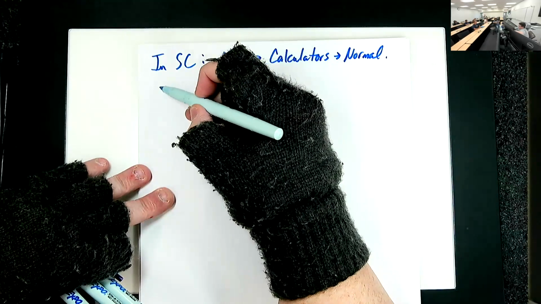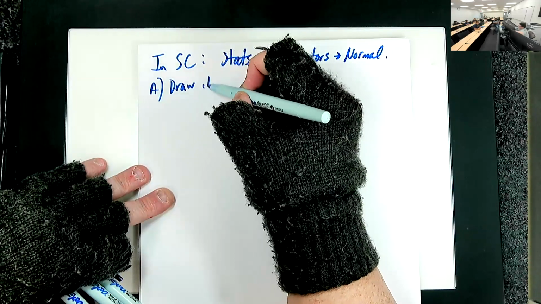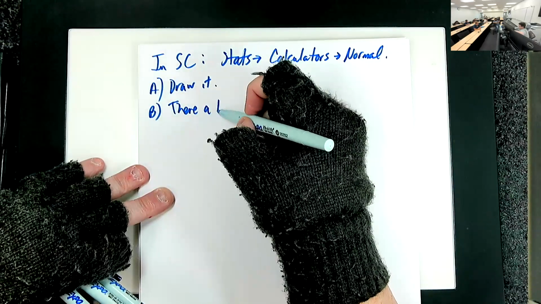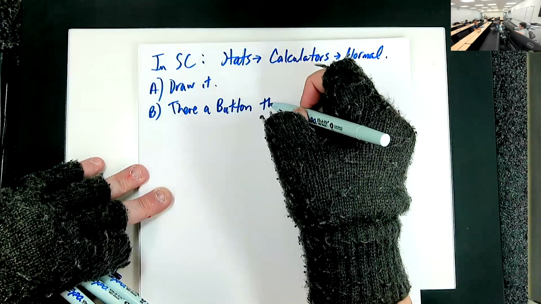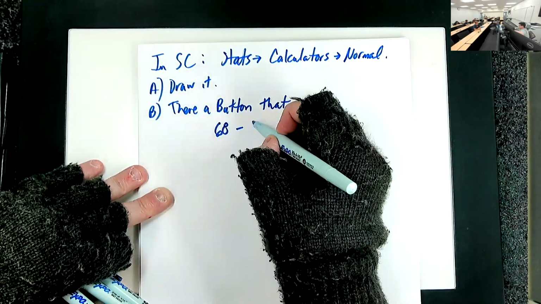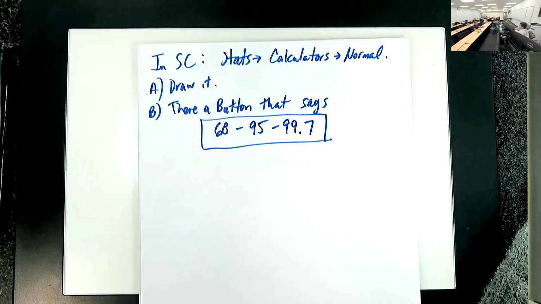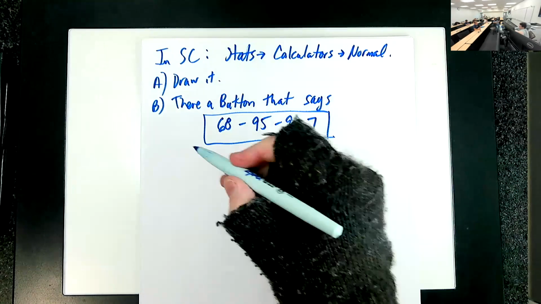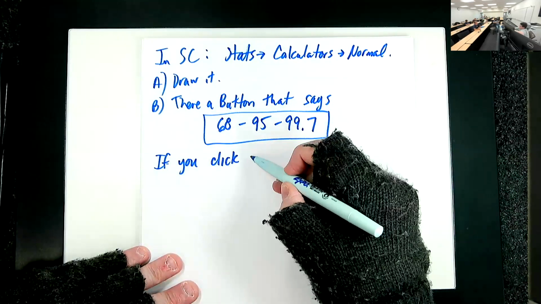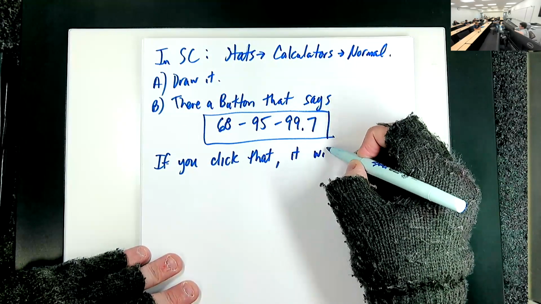Without StatCrunch, you could draw it. There's a button that says 68, 95, 99.7. If you click that, it will show the empirical rule.